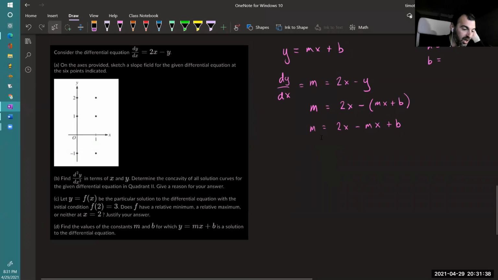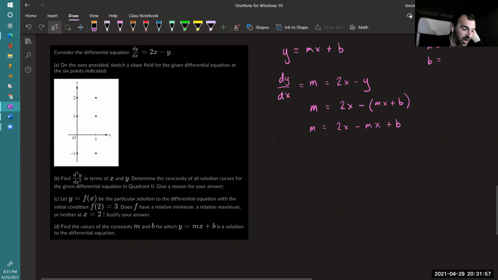So what are we going to do? What we want to do here is say, look, I'm trying to build a solution that works for all x and all y values.